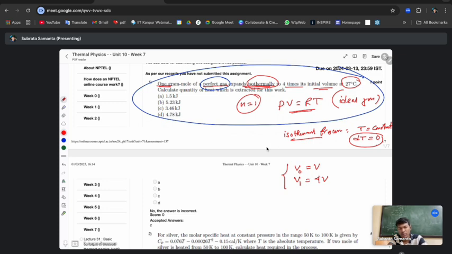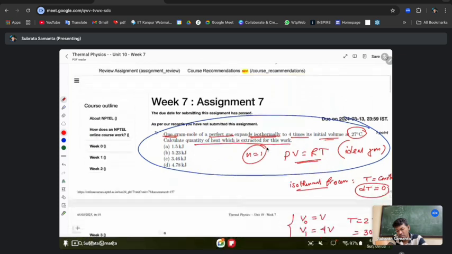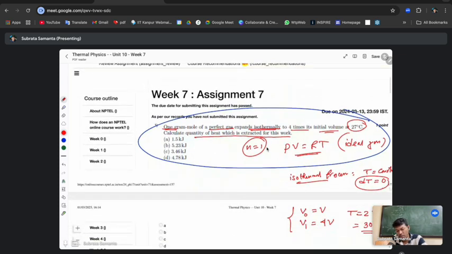The temperature is constant, T is 300 Kelvin. Calculate the quantity of heat which is extracted for this work.